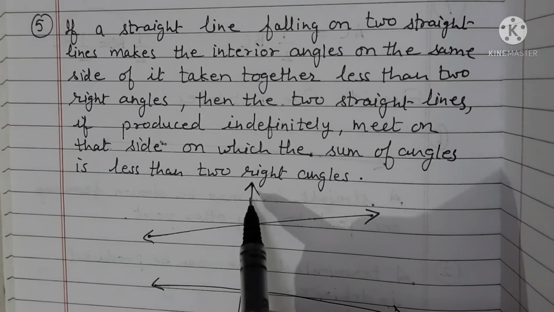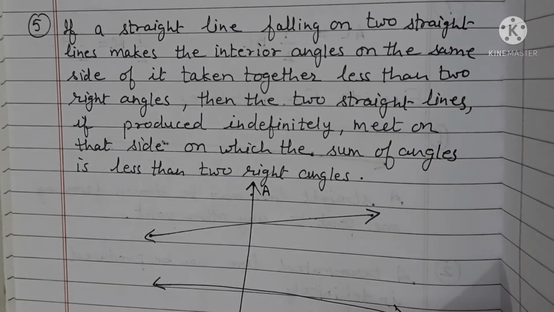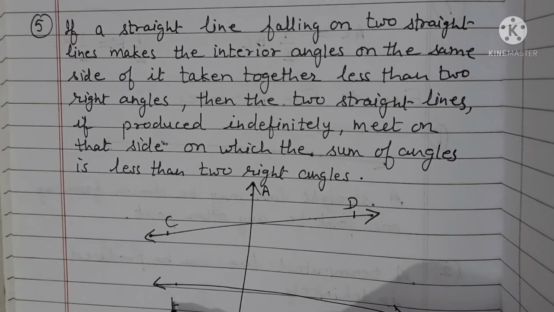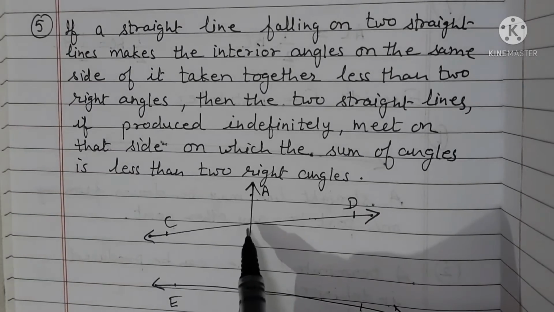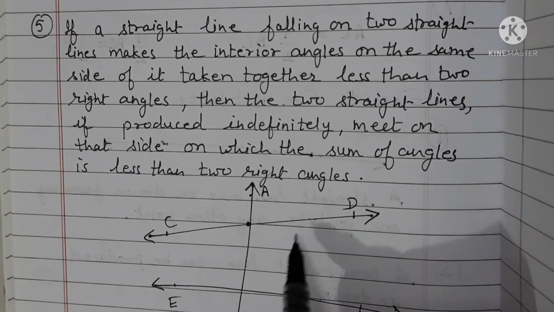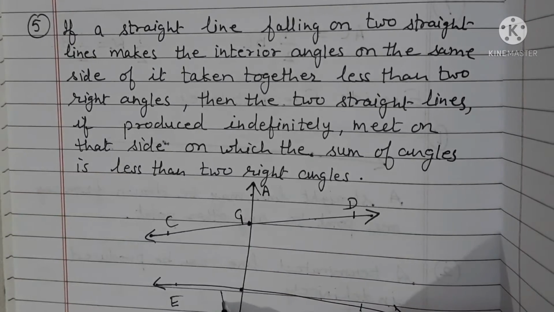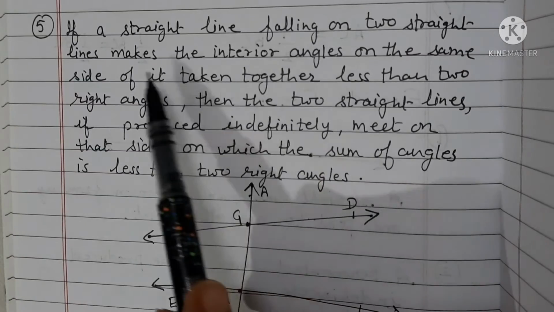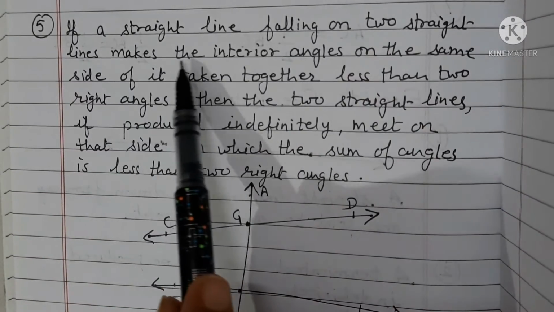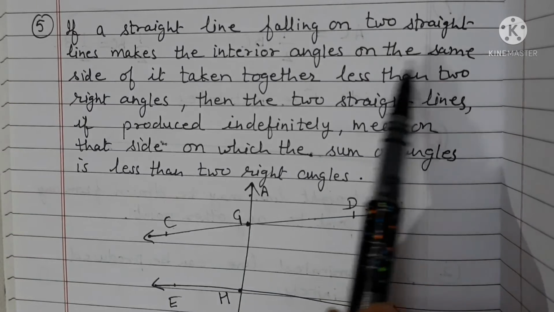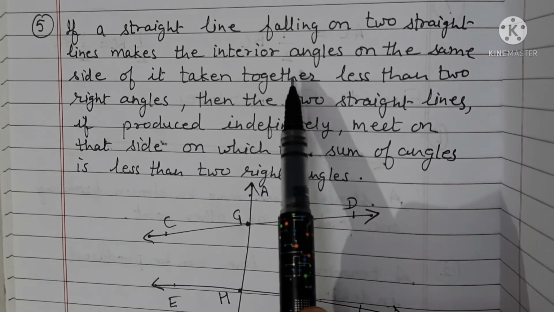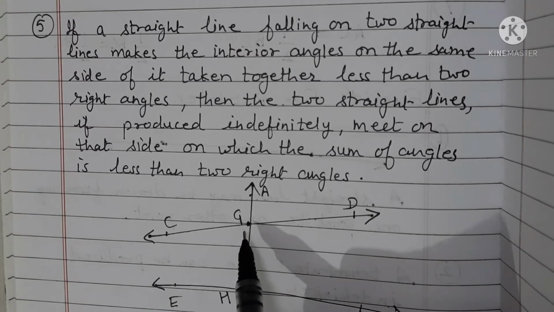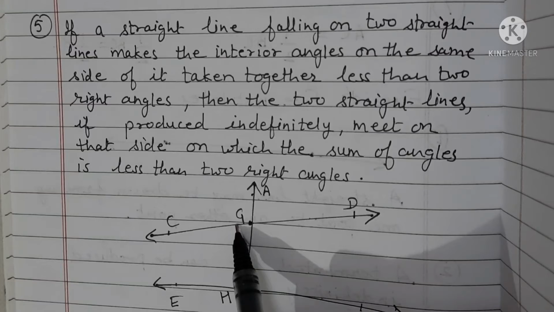Now mark these lines. Suppose this point is A, this B, C, D, this is E, and this is F, and here G, and this is H. Now the straight line makes the interior angles on the same side of it taken together. We will take two angles and those will be the interior angles.